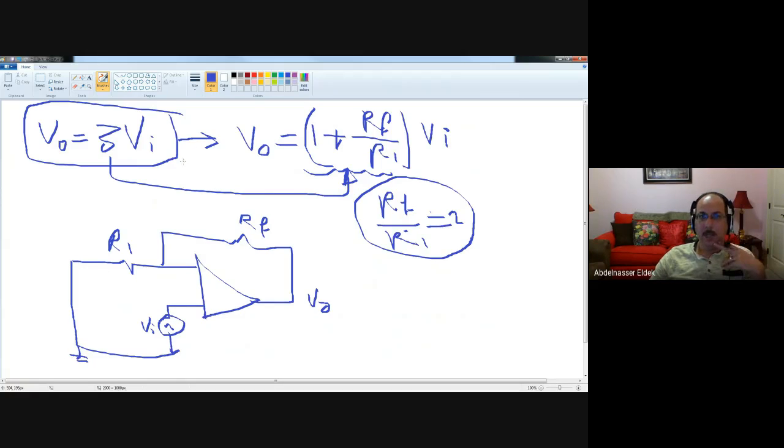Then you select the values for RF and R1. R1 equals, for example, 1. RF equals 2, for example. RF over R1 equals 2, so 2 over 1 will work. You can also select this one to be 20 and this one 10; 20 over 10 is 2. Any two numbers so that RF over R1 equals 2. So you have unlimited solutions.